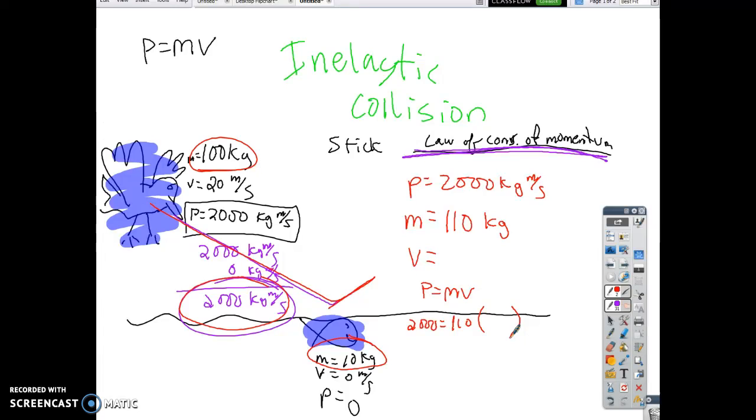2000 divided by 110 equals 18.18, and that's meters per second. So now these two, the fish and the bird, are flying through the air at 18.18 meters per second.